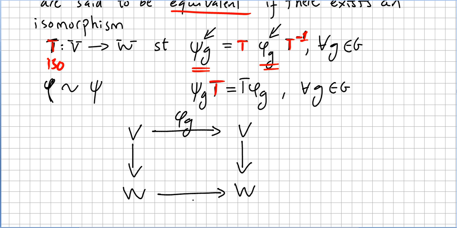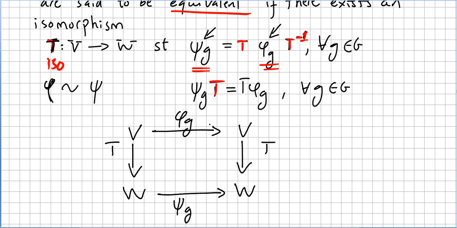Well, this is an automorphism, psi of g. Here we have this T, this isomorphism from V to W, and here we also have T.